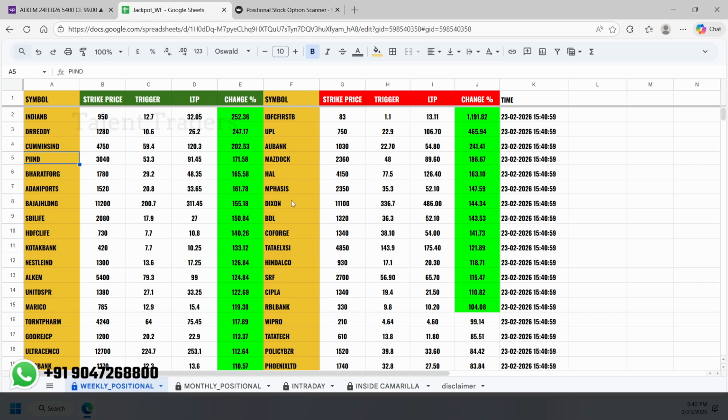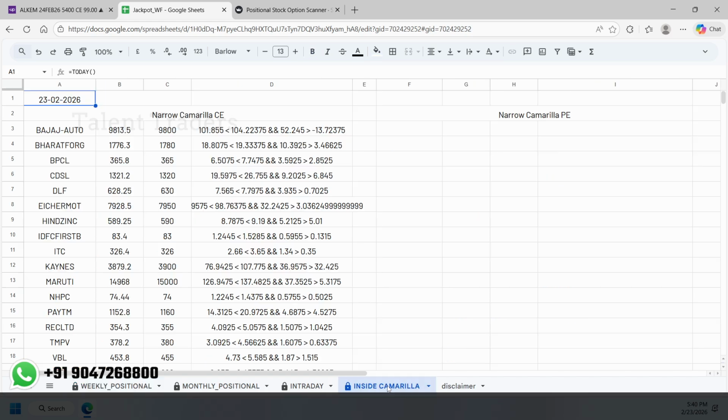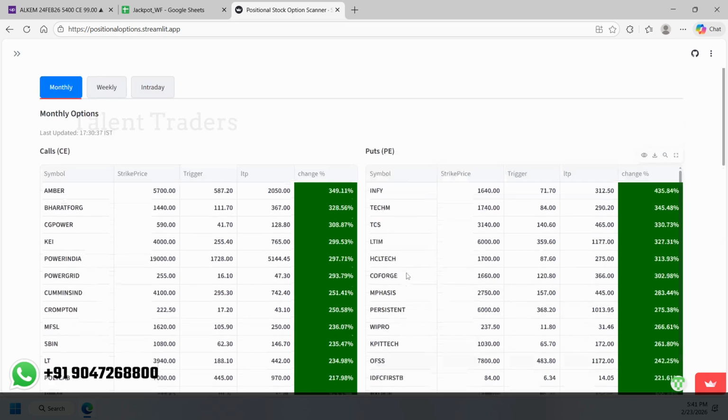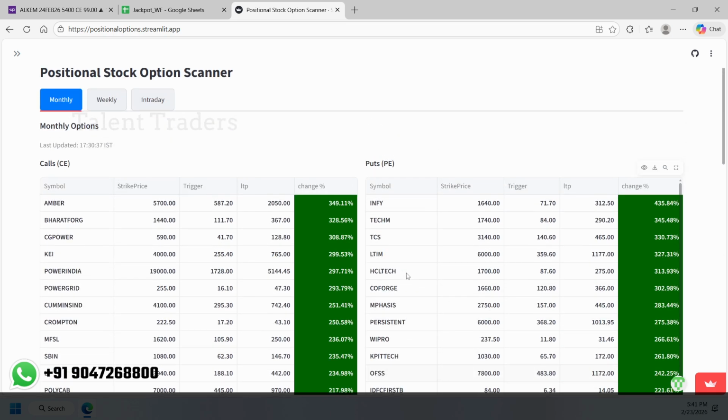The Google Sheet based scanners are going to be stopped entirely, and for inside Camarilla we have already made a web based scanner, which is also additionally provided for my students. They can use it to find the narrow inside Camarilla based logics, and that will help you find some good trade opportunities.